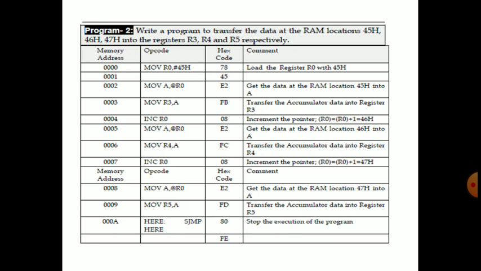After that, again the seventh instruction, increment R0, because he used R0 as the reference register here. In this question you may be asked about 3 registers only, but in the coming programs you may be asked to move a block of data.